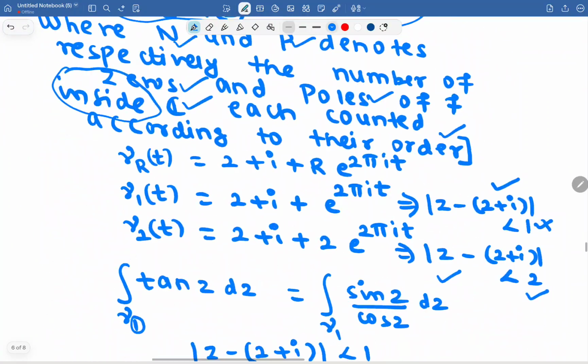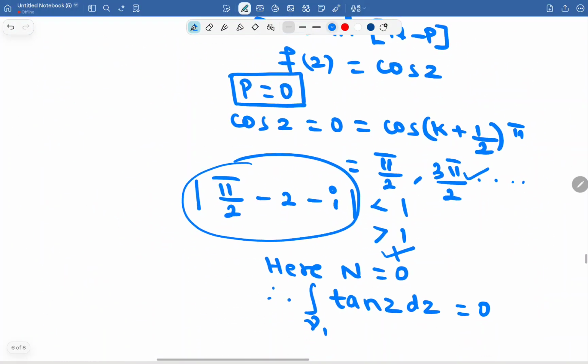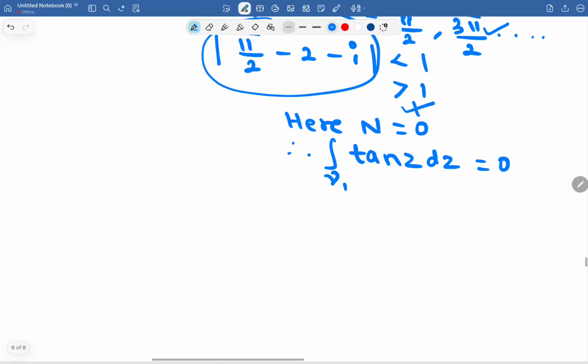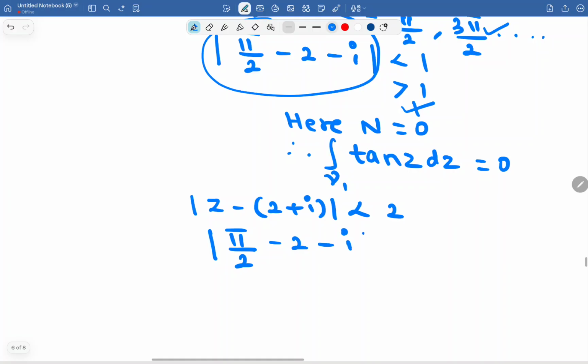I am going to check the same for the radius 2, that is modulus of z minus (2 plus i) less than 2. Here modulus of pi by 2 minus 2 minus i less than 2.